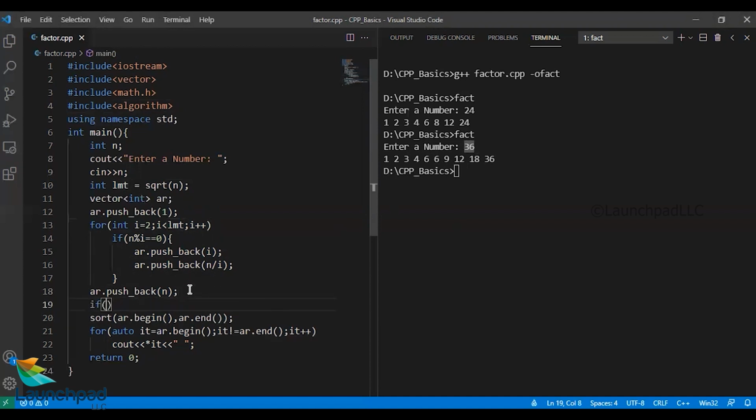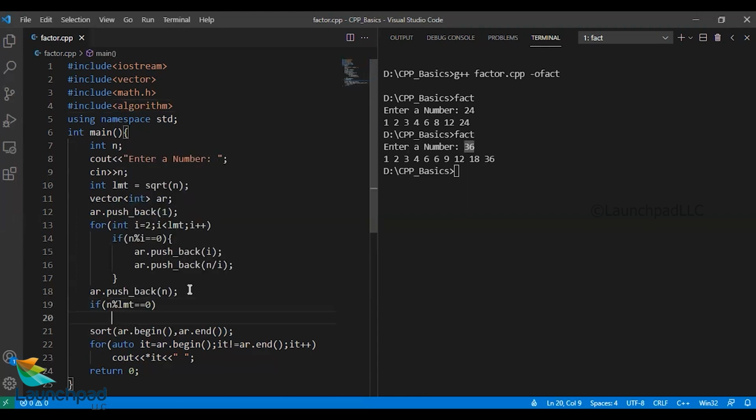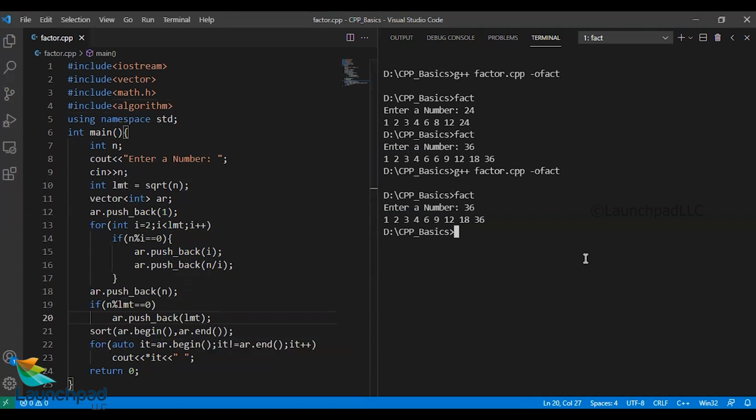And if n modulo lmt equals 0, only then ar dot push_back of lmt. This is one of the solutions. So that part of a number being duplicated twice is fixed.